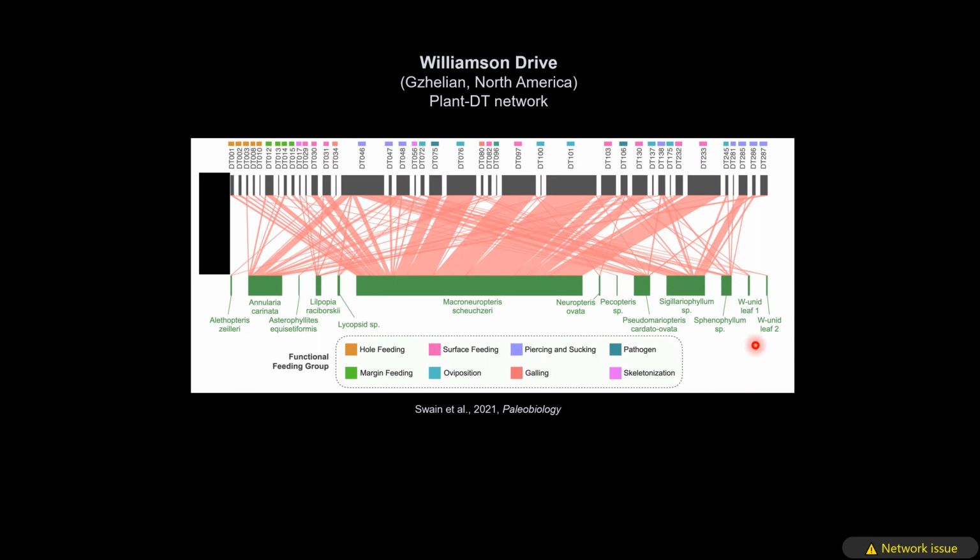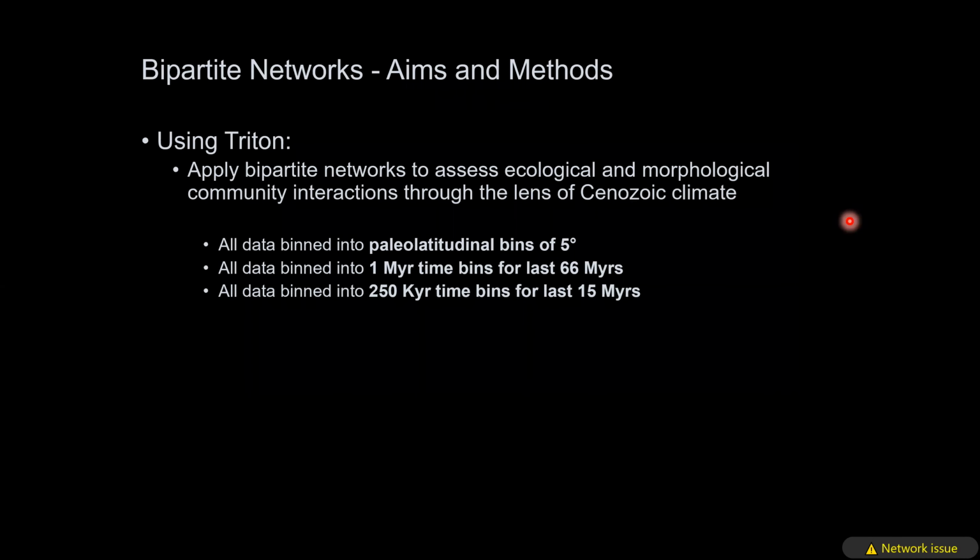And Anshuman and others showed the evolution of how these different damage types have changed through the fossil record. But of course, instead of damage types and leaves, our different node classes, as I mentioned, can be, say, ecogroups and paleolatitude, or morphogroups and paleolatitude.